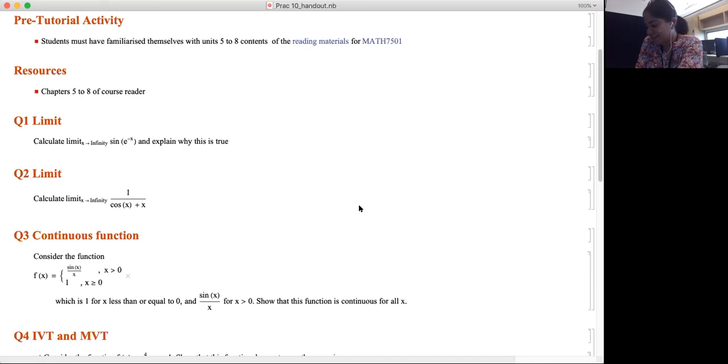So this is the concept of a limit of composite functions. There is a theorem which states something about the limit of composite functions. Can you remember that?